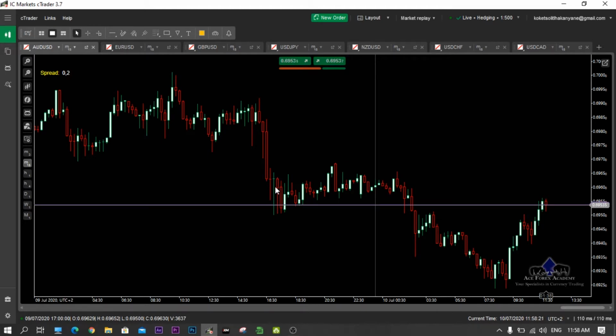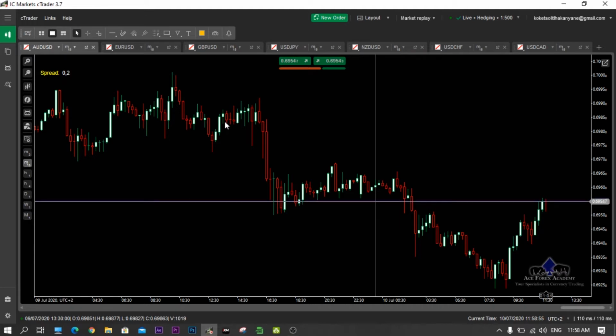Just to give you a brief explanation or background as to what Market Replay is: in this series, I will be reviewing the previous day's worth of price data, looking at the charts and analyzing the price data, and highlighting the possible opportunities that were presented to us and the outcomes that might have resulted from taking those opportunities using our trading strategy, which is the candlestick momentum pullback trading strategy, which is taught at Ace Forex Academy.